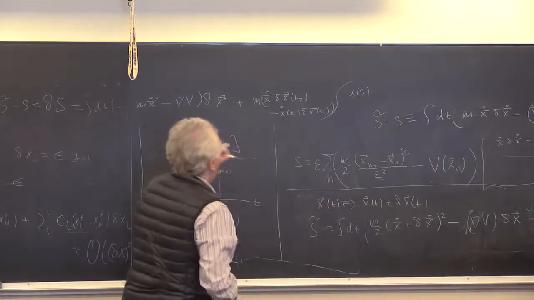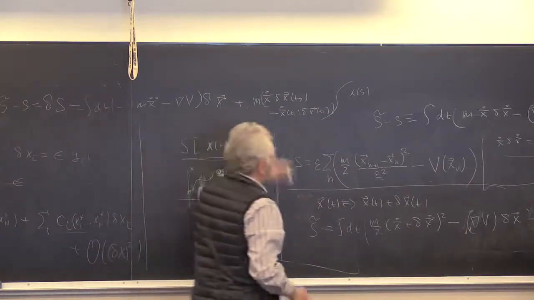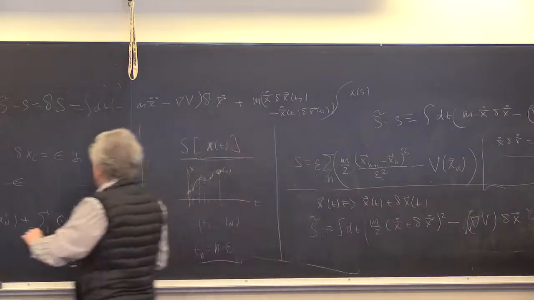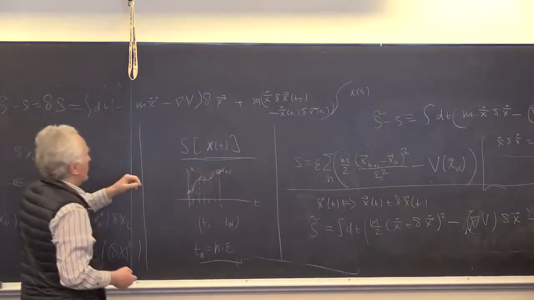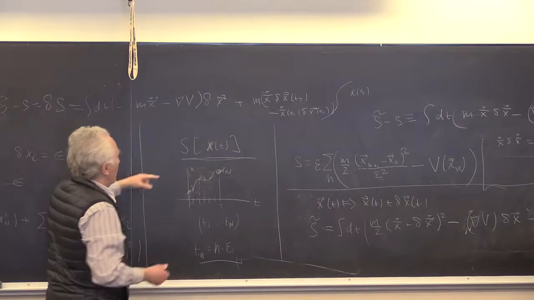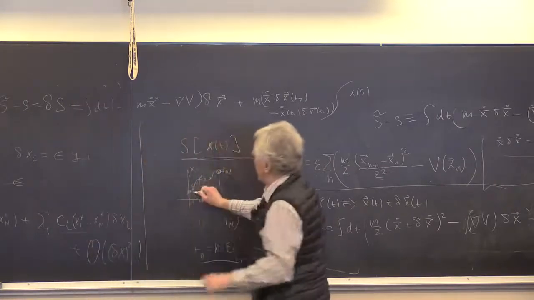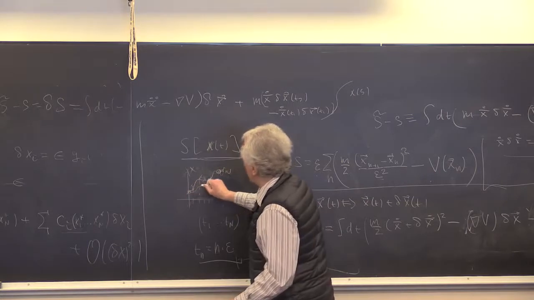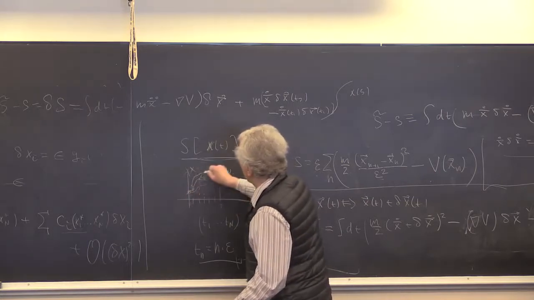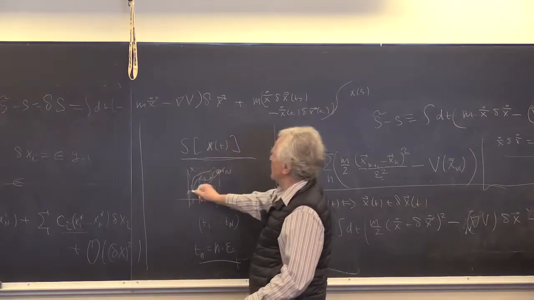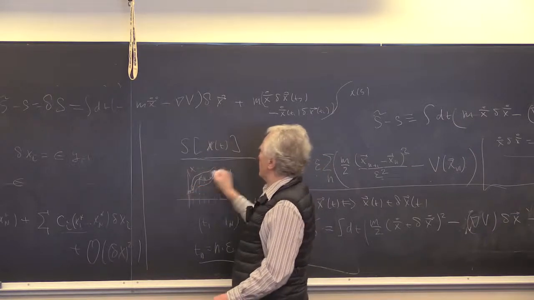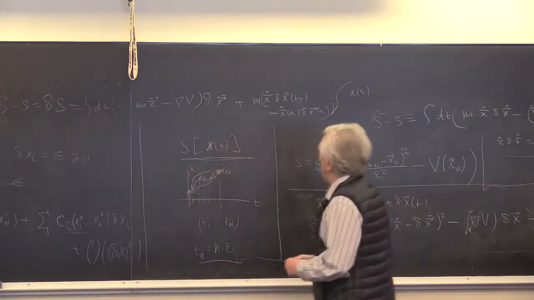Now we will say that we look at the trajectories with fixed ends. So we compare the action on various trajectories, but which begin and end at the same point.